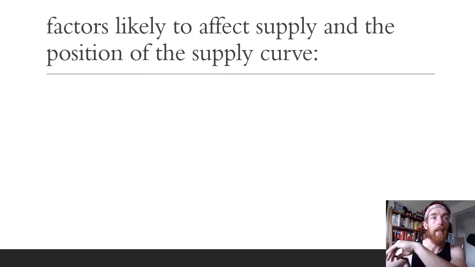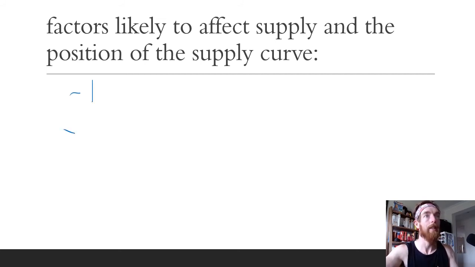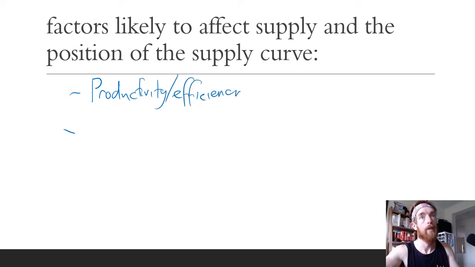So then factors likely to affect supply and position of supply curve. So factors that affect supply really boil down to two things, in my opinion. So if we have these two things, it's going to be things that affect your productivity or efficiency, and things that affect your cost of production. No matter what the supply side factor is, you can kind of boil it down to one of these two points.